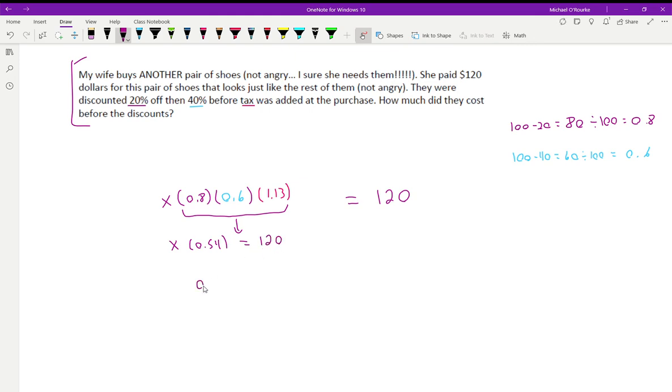You guys might recognize it better. And whenever we have a coefficient, right, we divide by it to get the other one. So the original price of those shoes was $222.22. Okay? Have a great day.